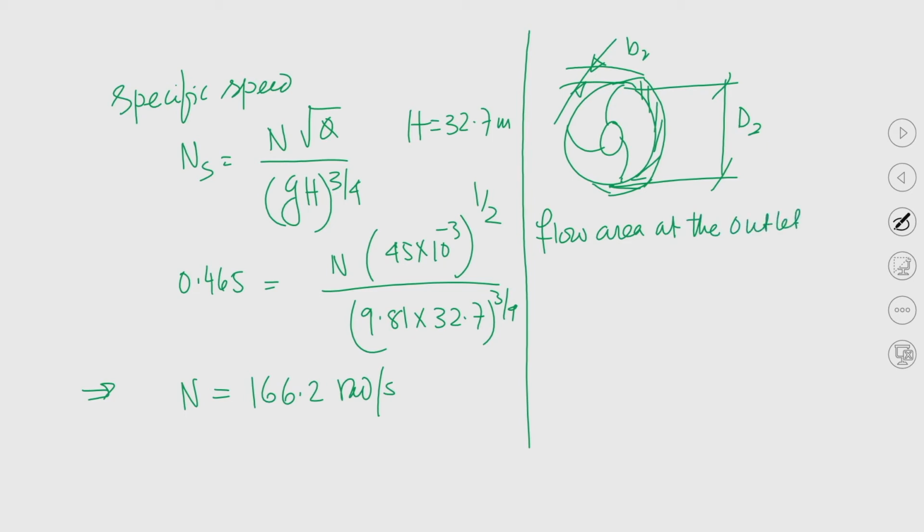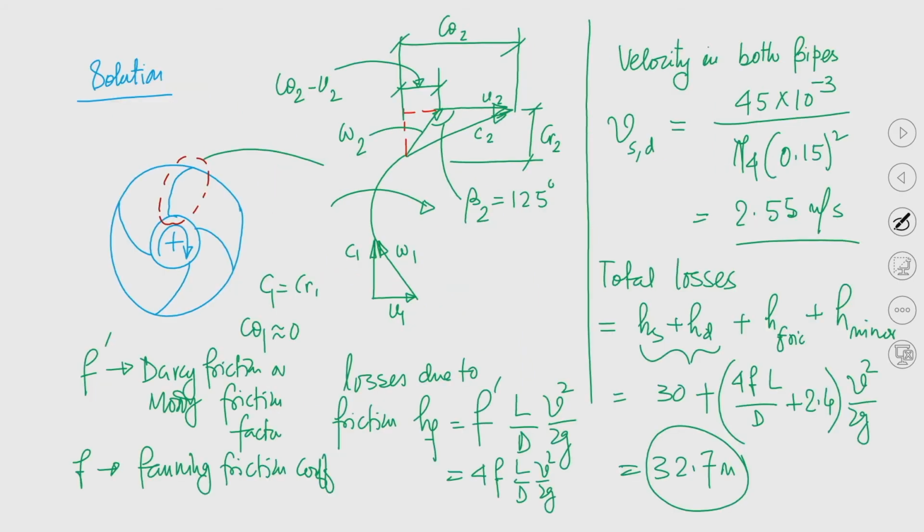that is, you know what is pi d2 B2, right. So, that is what we have learned. So, this is the flow area at the outlet. So, again I am telling, this is the impeller and impeller is like this.